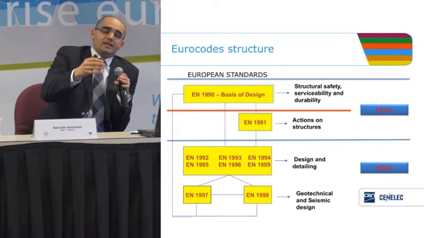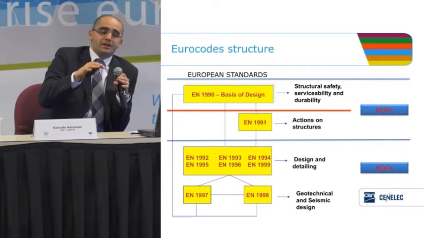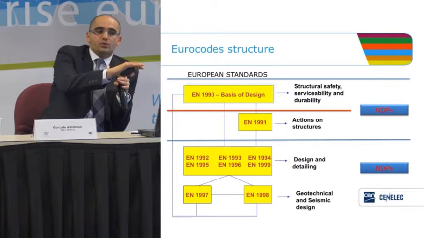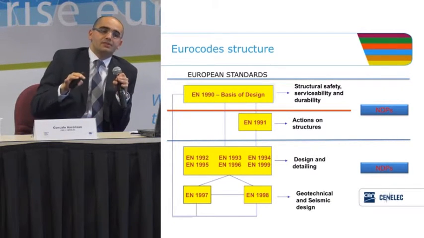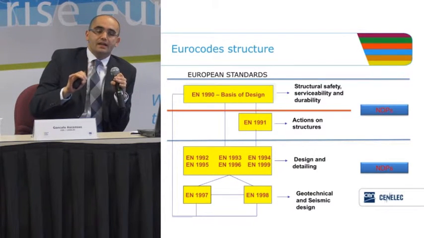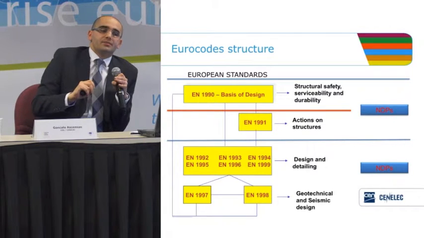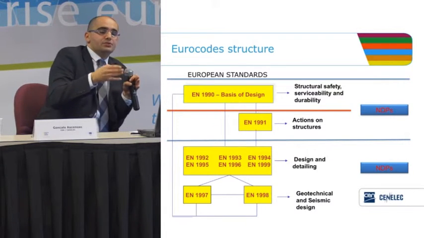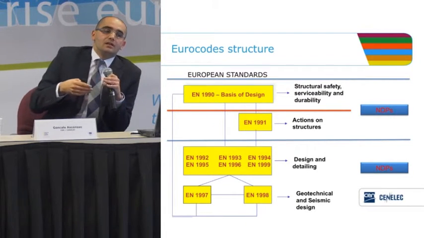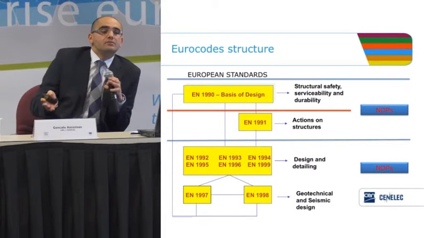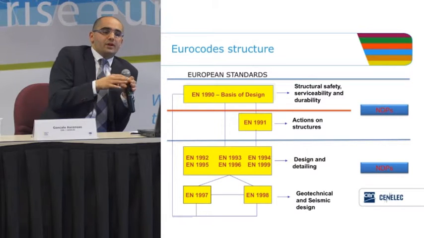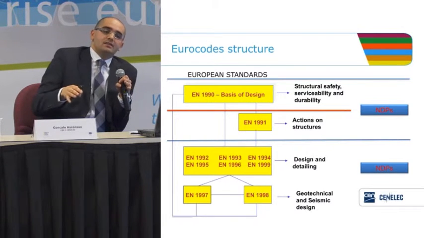Afterwards, we have EN 1991 with actions on structures, and then 6 parts dealing with materials. So EN 1992, 3, 4, 5, 6, and 9 are dealing with specific materials. So, for instance, 3 is steel, 5 is timber, 9 is aluminium. And we also have EN 1997 and EN 1998 dealing with geotechnical and seismic design.